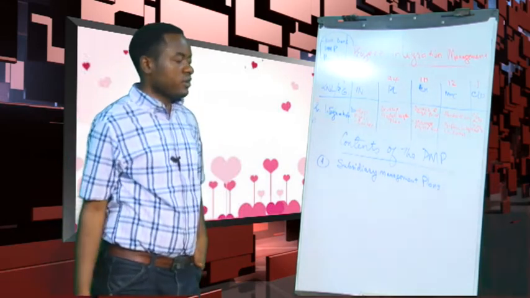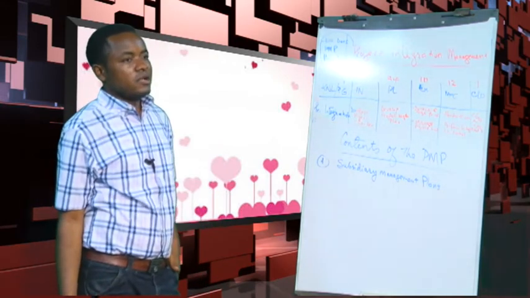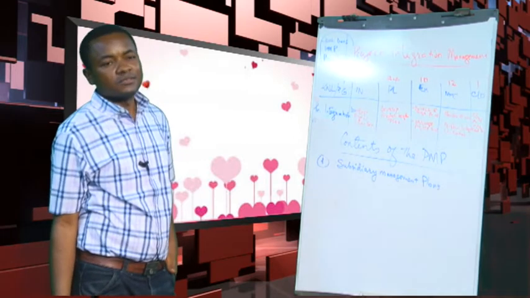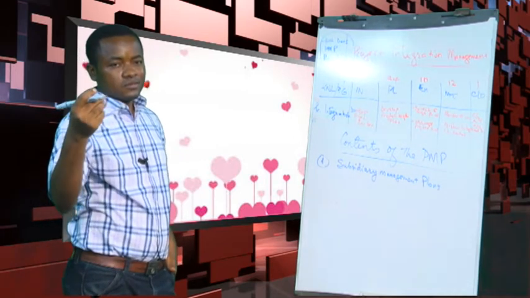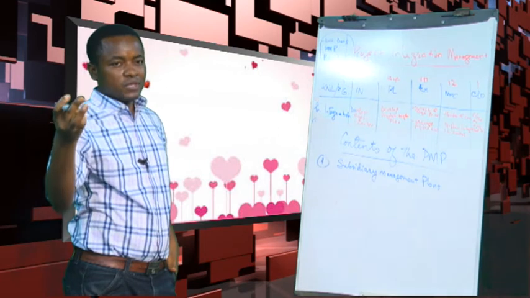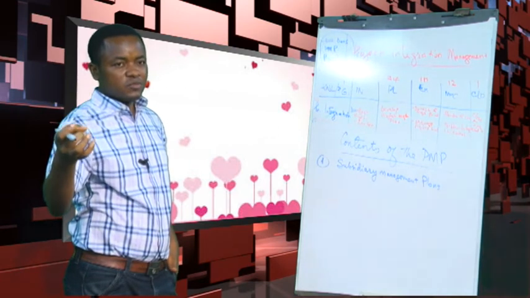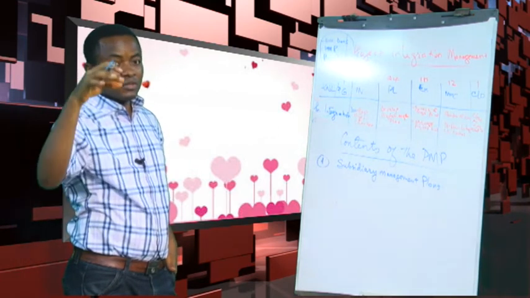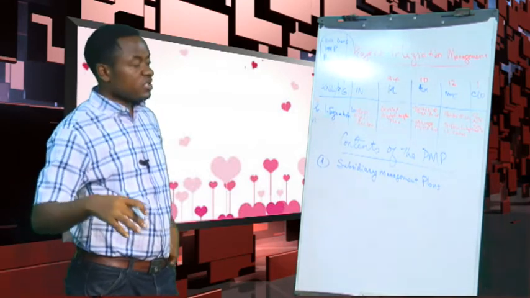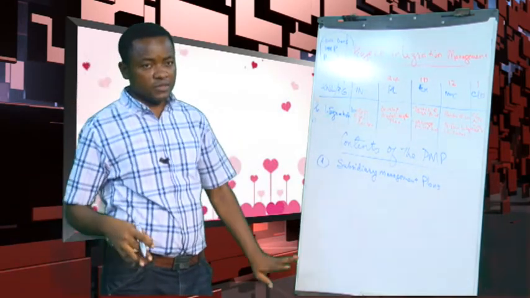The subsidiary management plans could be the scope management plan, schedule management plan, cost management plan, quality management plan. Those are the management plans of the knowledge areas, in short.